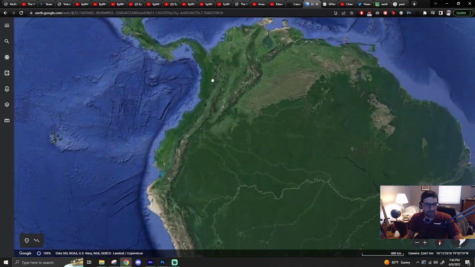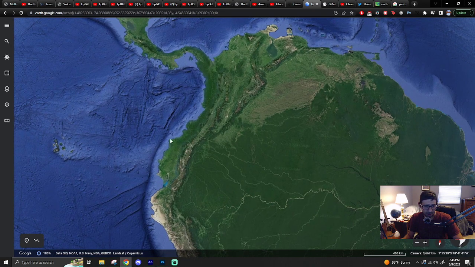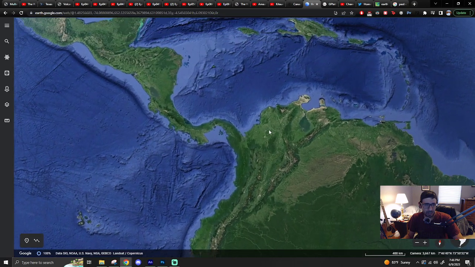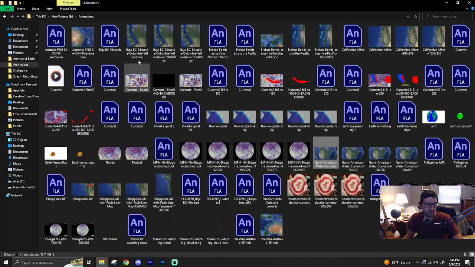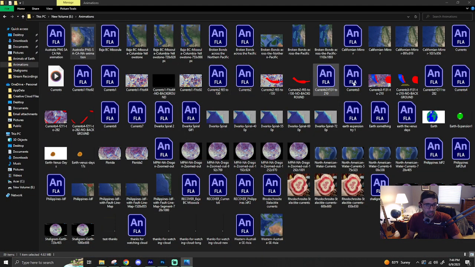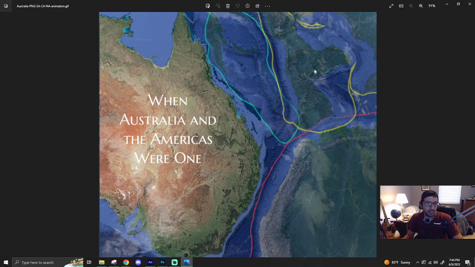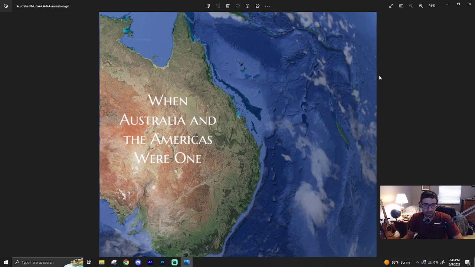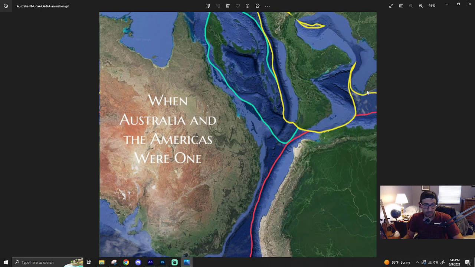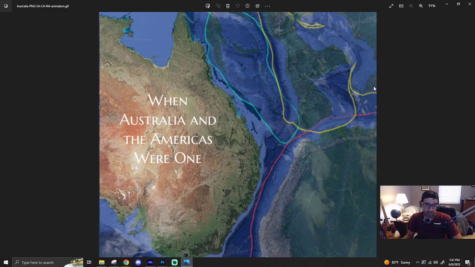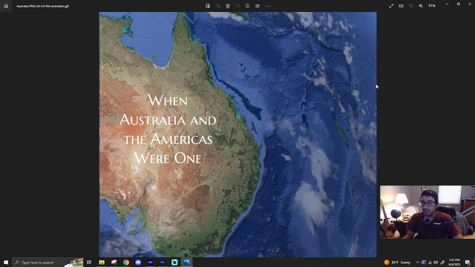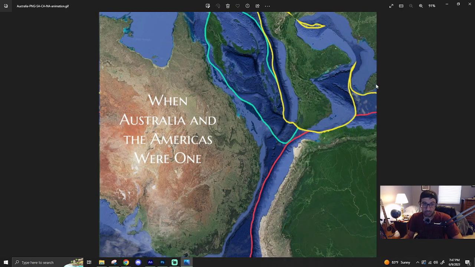Because it's possible it was just pushing against South America. If we look here, Florida is kind of pointing that way. If how I did this is somewhat good, unclear.